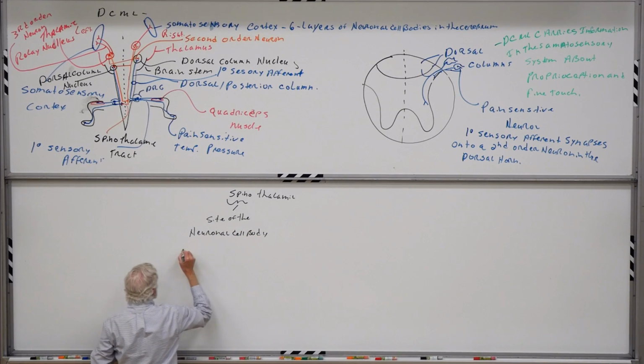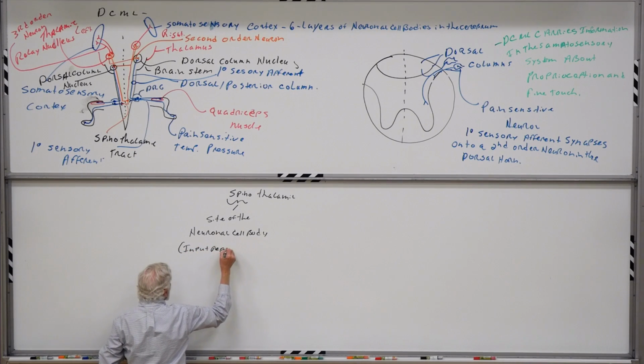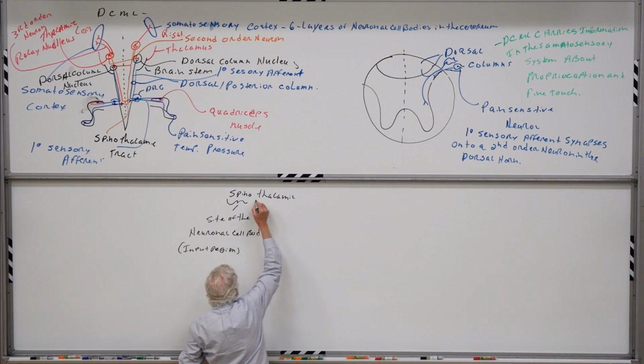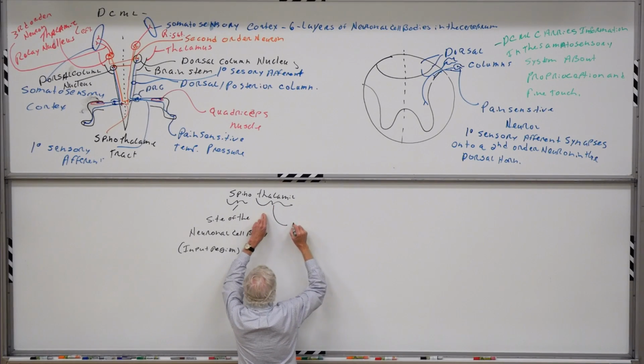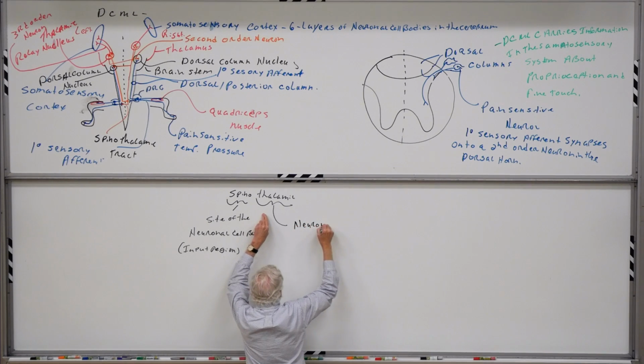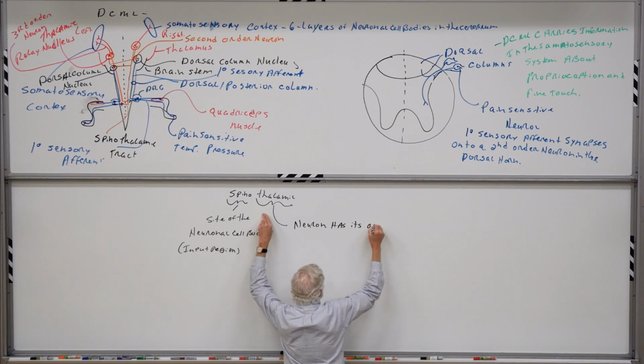You can equally say input region. This part of the word, thalamic, tells you where the neuron has its output region.